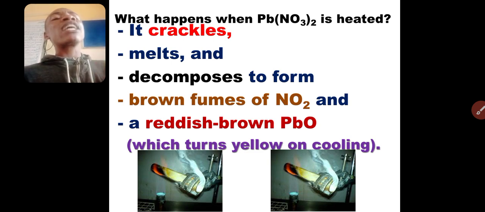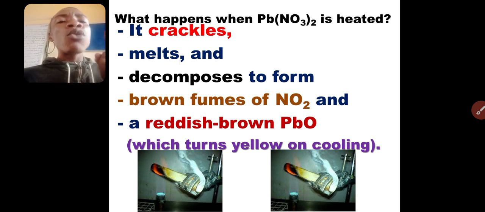But for the case of Pb(NO3)2, it decomposes to form brown fumes of NO2 gas and a reddish brown residue of lead 2 oxide. Lead 2 oxide is a substance that is brown when it is hot and turns yellow when it is cold. That means the compound is thermochromic.